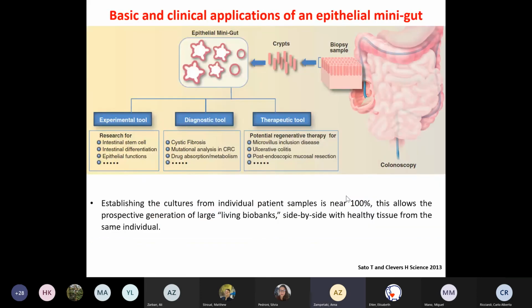Now, there are several basic and clinical applications for these mini-gut organoids. They can be used as experimental tools, diagnostic tools, and as therapeutic tools. The remarkable thing about it is that you have almost 100% success efficiency in establishing the cultures from individual patient samples, and therefore you can have live biobanks.